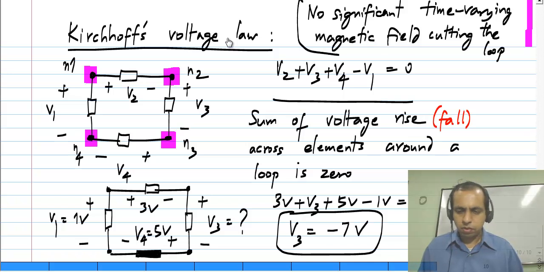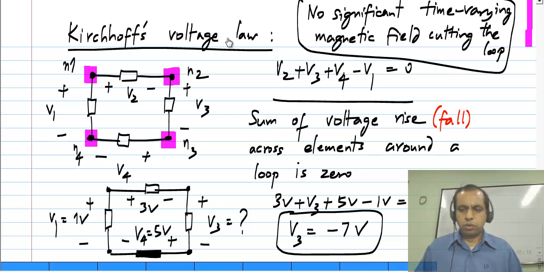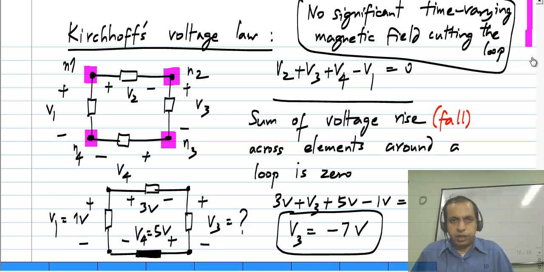You know that if a time varying magnetic field cuts a loop, it induces a voltage in the loop. In that case, the sum of voltages as you go around the loop is not necessarily 0. Now we exclude such cases.